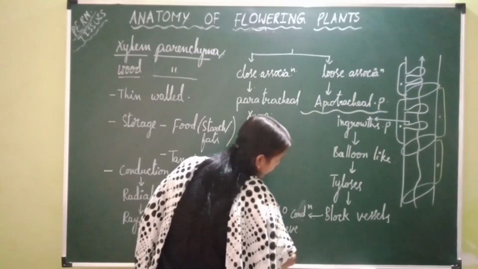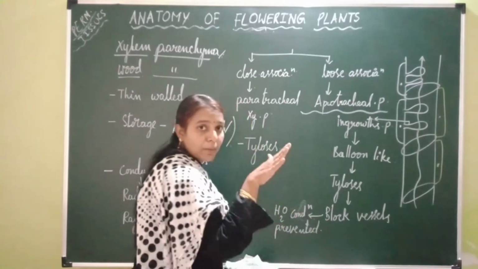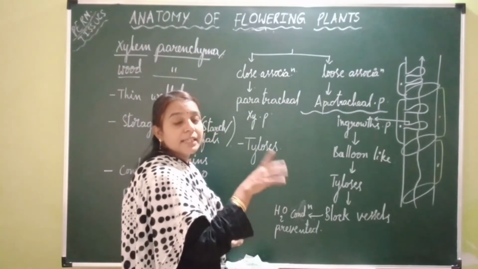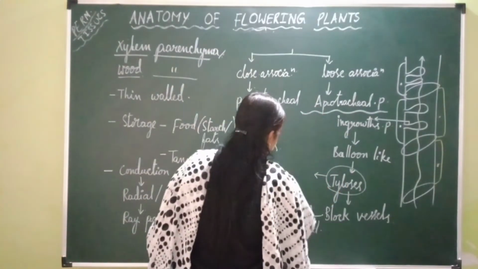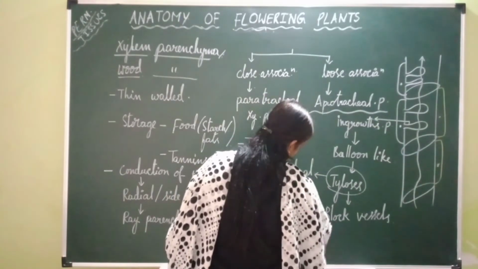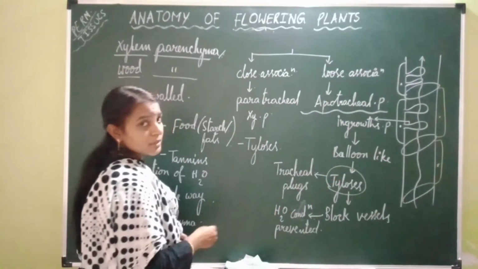And hence these tyloses are also called tracheal plugs, which are plugging the tracheal elements, that is, vessels. Hence these are also called tracheal plugs.